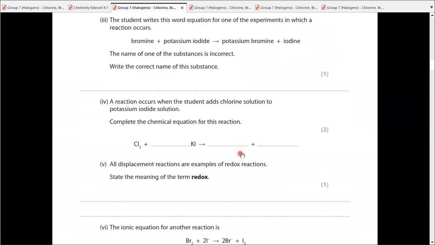Okay. Number three. The student writes a word equation for the experiment in which a reaction occurs. Bromine plus potassium iodide. In the name of the substance, something is incorrect. So what should we exactly do?